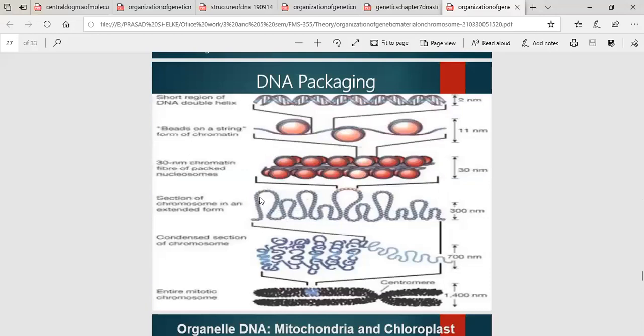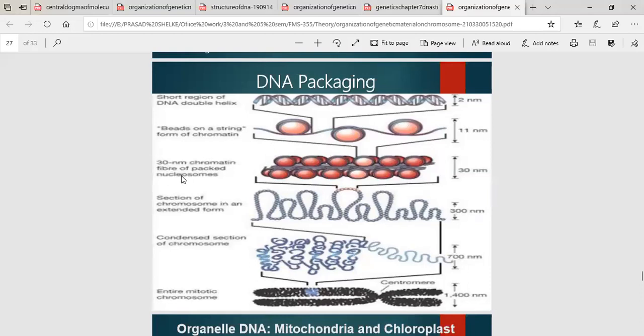Okay, in this diagram you can see, in the first one, a linear short region of DNA double helix. Then this DNA is bound around histone molecules. These circular beads you can see are the histone proteins, and the DNA strings are bound around these proteins, forming a simple structure.